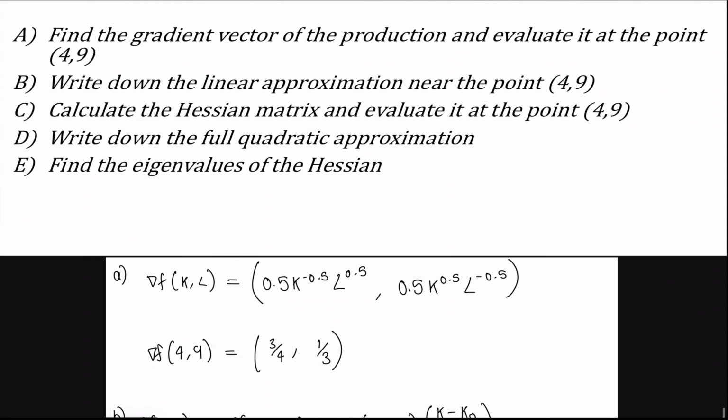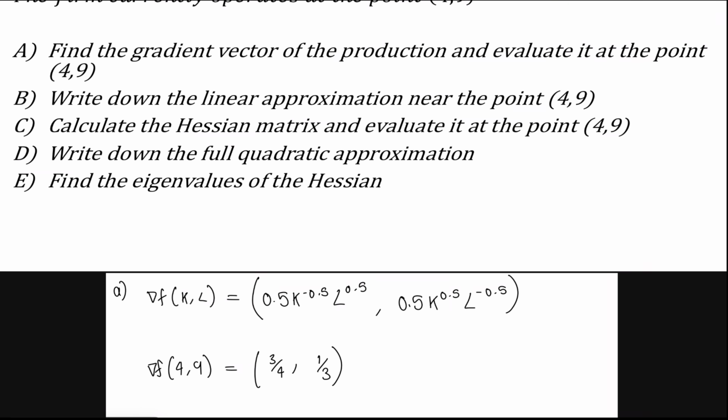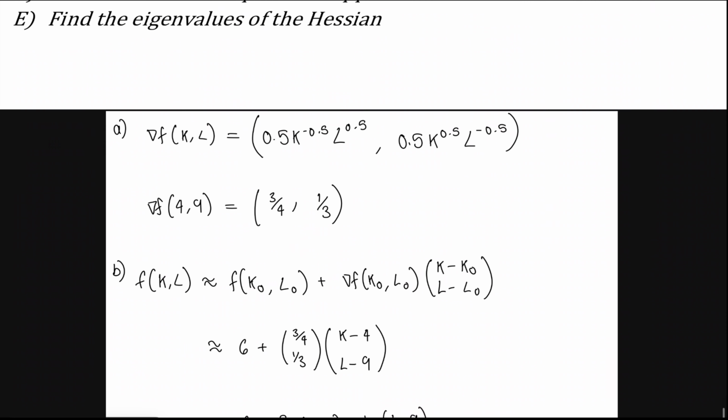If we now look at part C, it is telling us to calculate the Hessian matrix and evaluate it at the point (4, 9). So to evaluate the Hessian, we're just going to differentiate this again with respect to k.